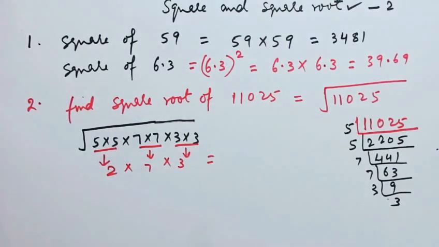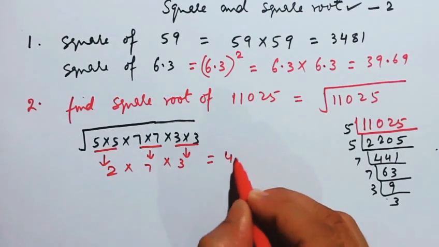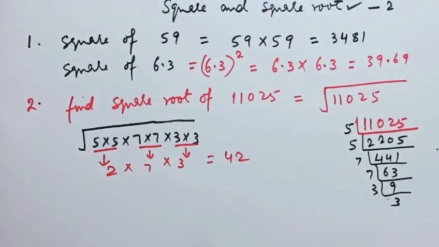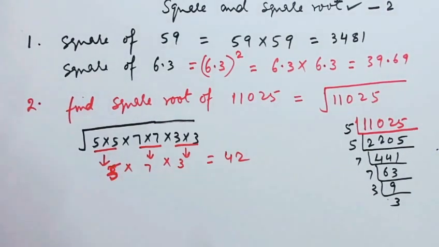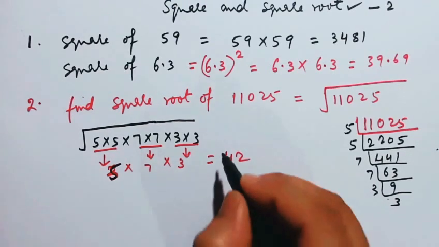Therefore, when you multiply, 7 times 3 is 21. Oh my, sorry, this is 5. Why did I take 2? Vision problem. So 5 times 7 times 3 will give you 105.